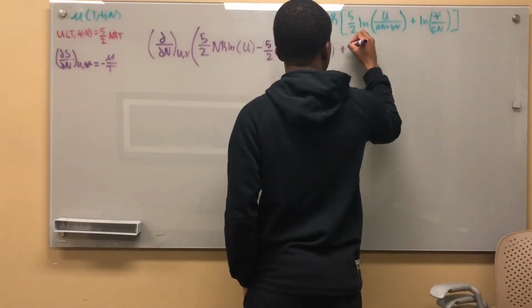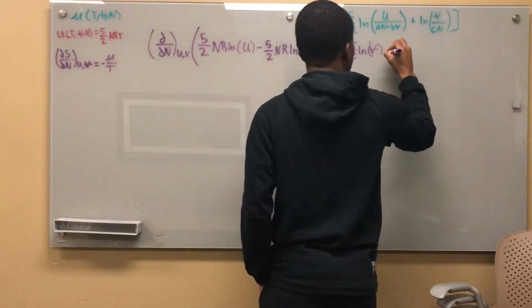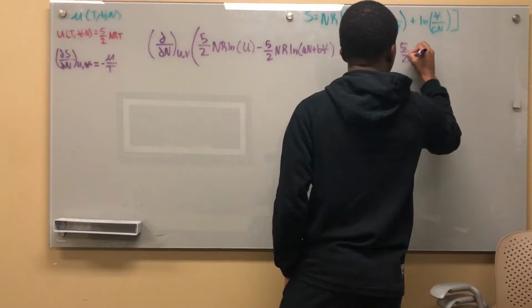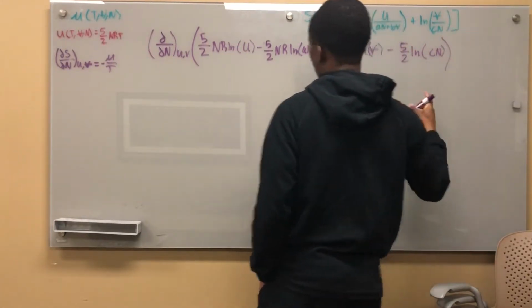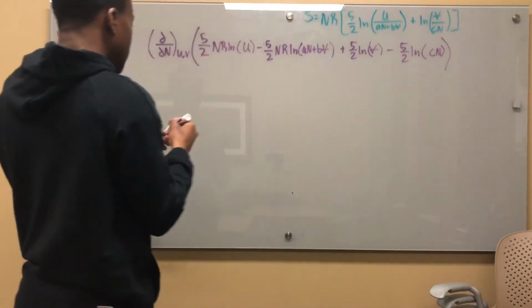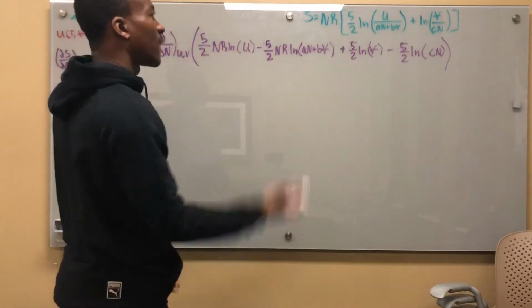So this whole thing, right? So I'm differentiating this with respect to n at constant u and v, okay?